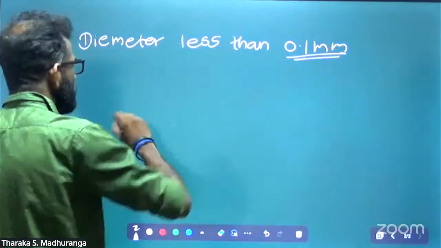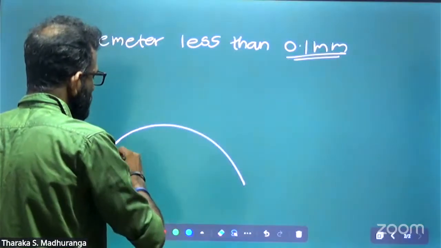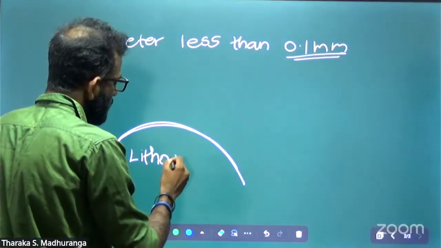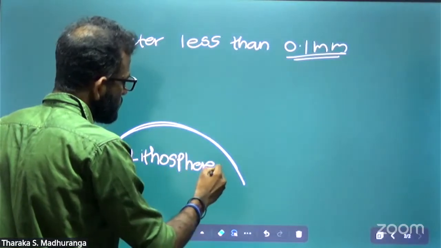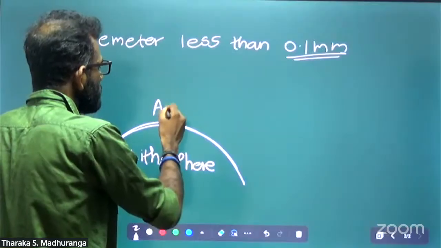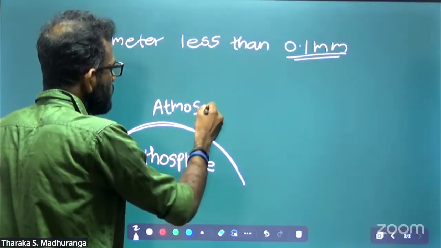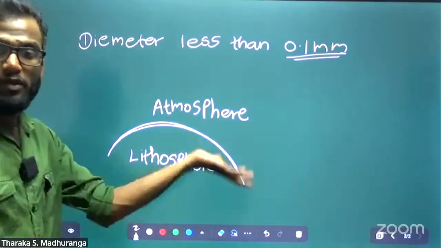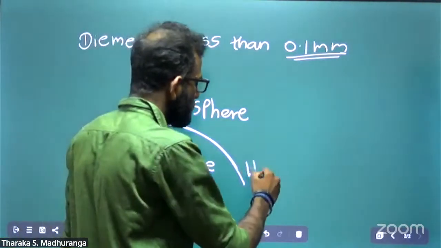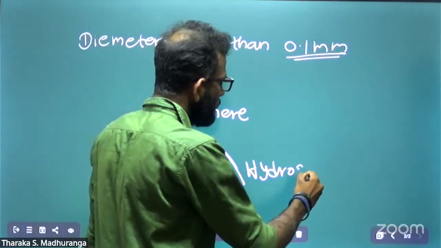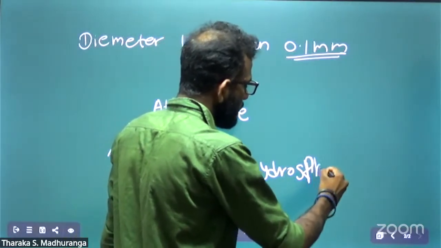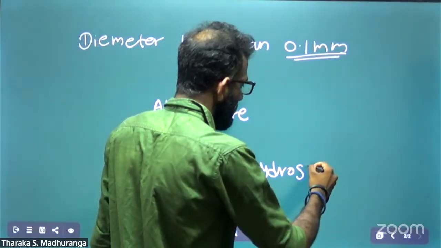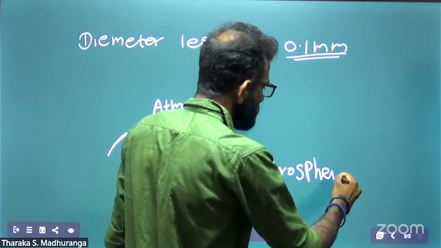Think this is the Earth, which we call the lithosphere. Then atmosphere. And hydrosphere. The water surfaces we call hydrosphere.